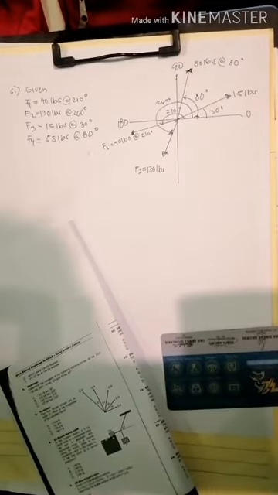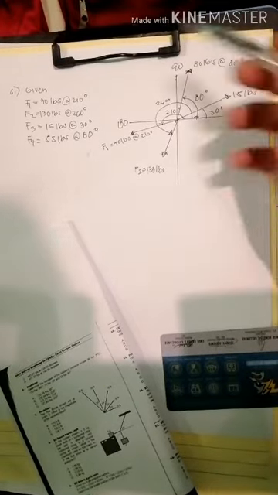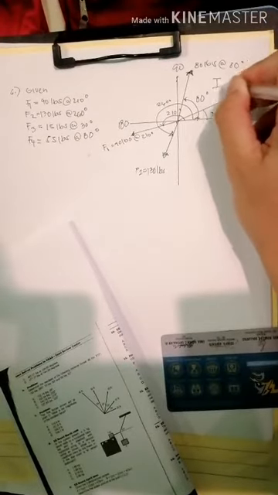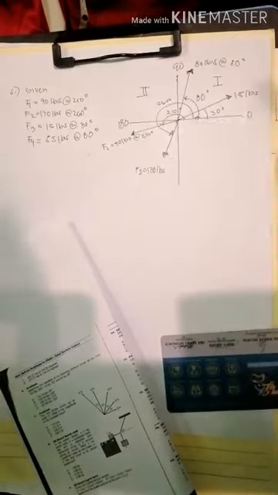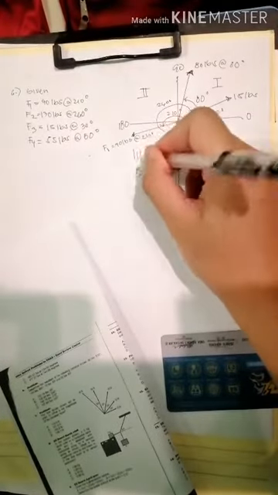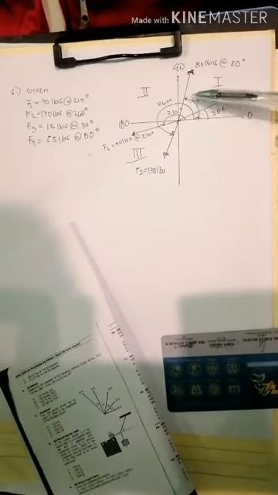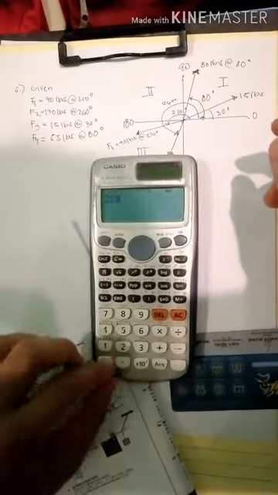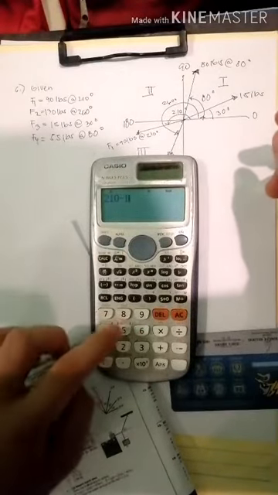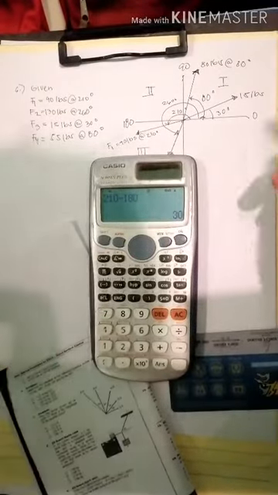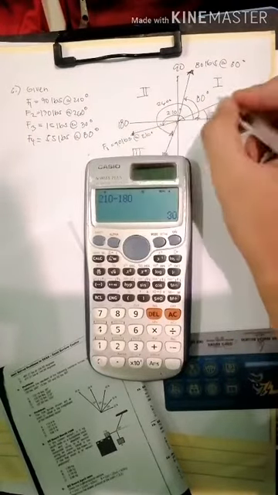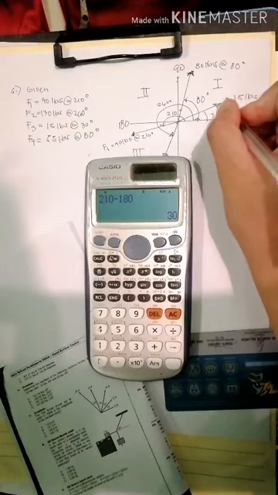So, since coplanar forces sila, kailangan yung forces nasa isang quadrant lang. So, for example, dapat nandito lang sila sa first quadrant. So, 210 minus 180, 30. So, pwede natin ilagay siya dito.